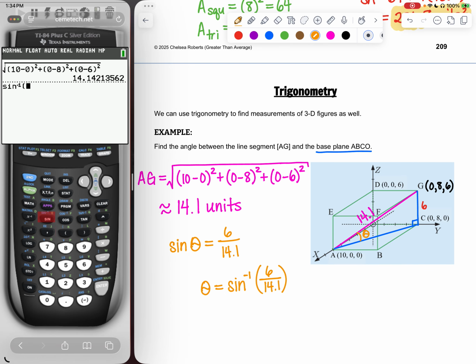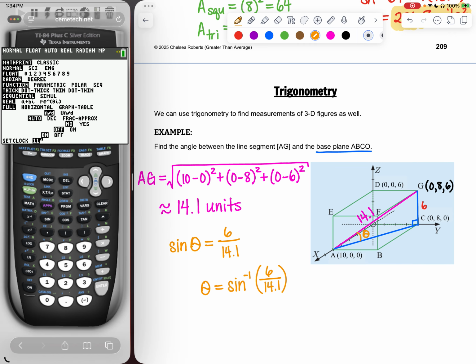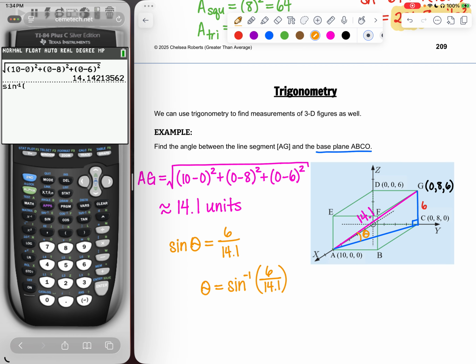So if I do sine inverse, and make sure that your calculator is in degree mode, sine inverse of 6 over 14.1, I will end up getting that my theta, or my angle, is approximately 25.2 degrees in 3 significant figures. So the line segment AG makes a 25.2 degree angle with the bottom of that 3-dimensional figure.